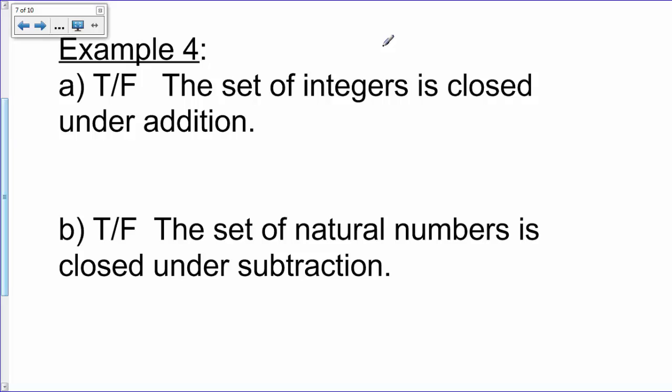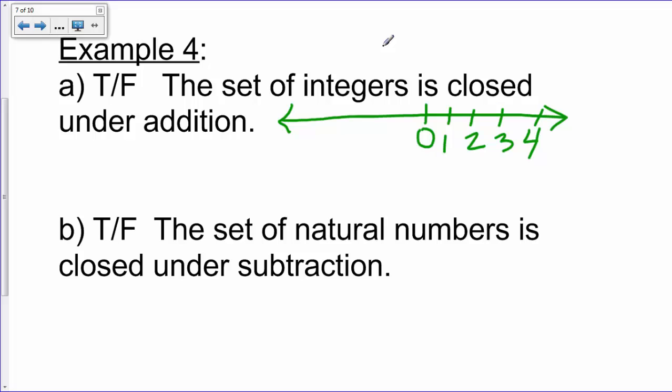So if I had a number line, we'll show 0 in the middle. We have 1, 2, 3, 4 on this side, and -1, -2, -3, -4 on this side. If I add any two of these numbers, am I always going to get an integer?